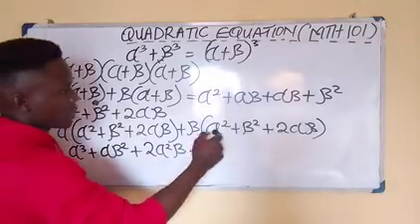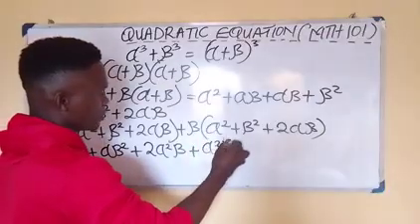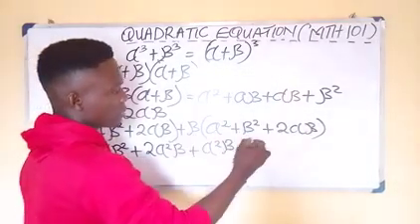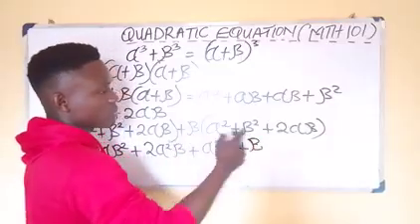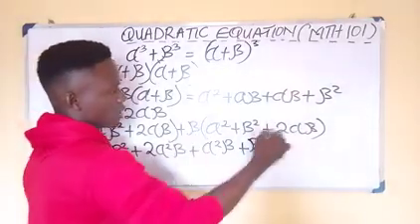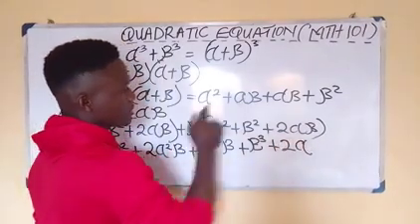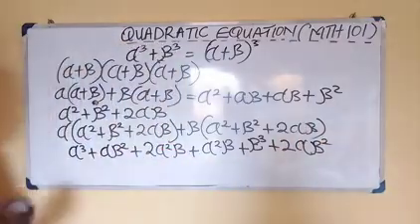Then plus, what about this? I'll have alpha squared beta. Then plus beta times beta, that is beta times beta squared, I have what? Beta what? Cube. Then plus I have this 2 here, then alpha, then beta times beta, I have what? Beta squared. Alright, so that's what I have.